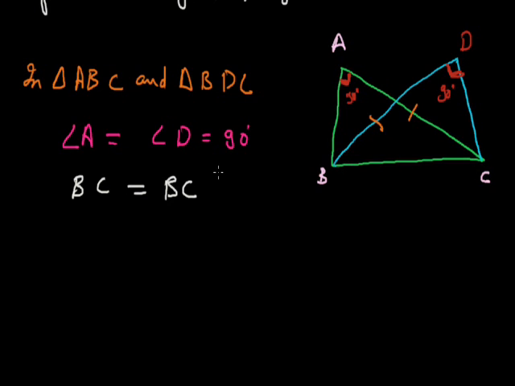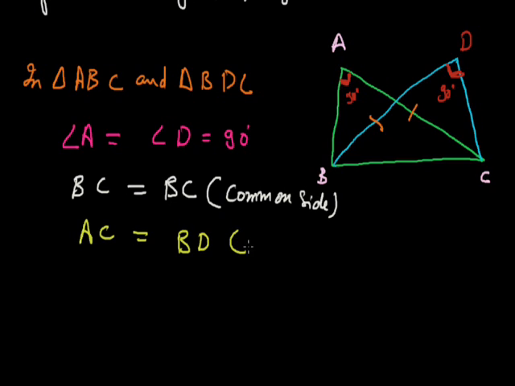Side BC is common, so we can write it as common side. Now one of the side of the two triangles is given equal, that is AC is given equal to DB, so we can write it as AC is equal to BD, which is given equal.